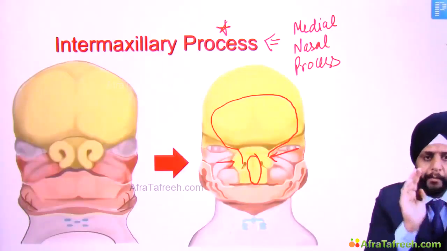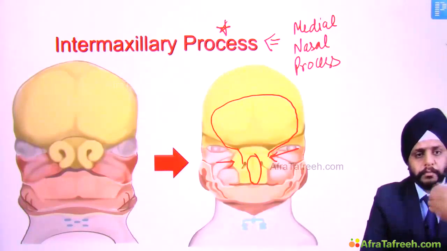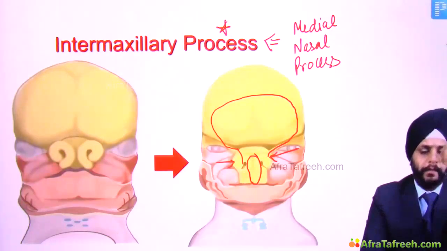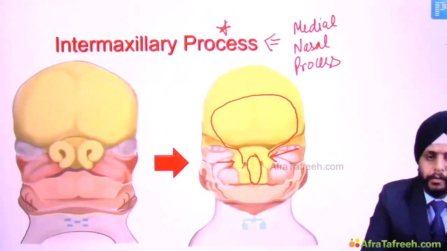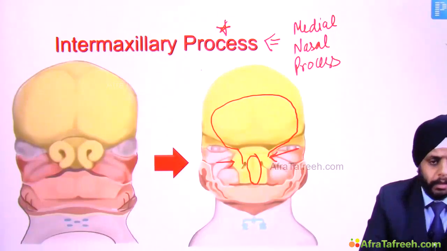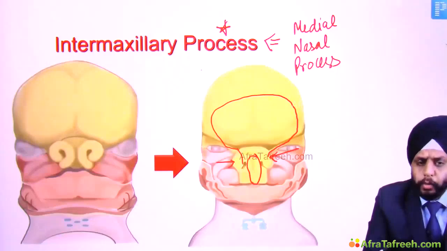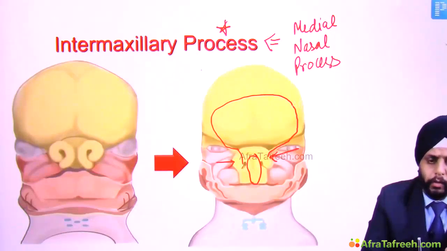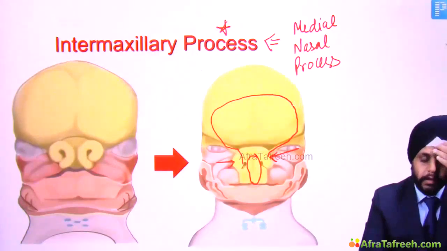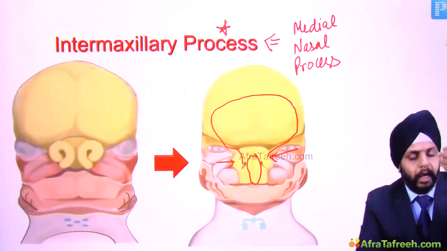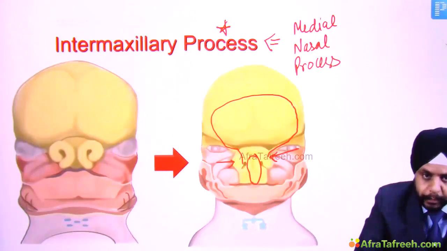Remember, when the frontonasal process is growing down, it also gives a process in the midline that forms the nasal septum, and the nasal septum divides the nose into two nasal cavities. So other than forming the front of the face, the frontonasal process also contributes to formation of the nasal septum.